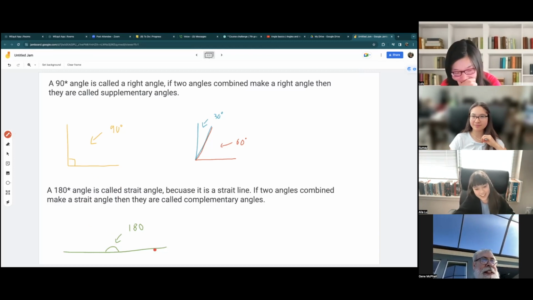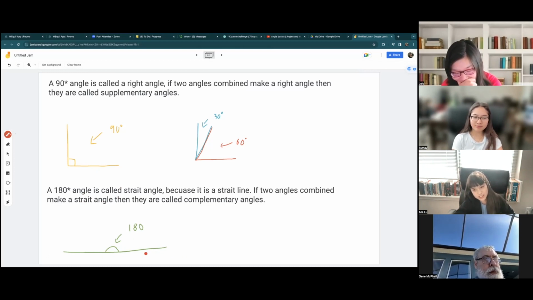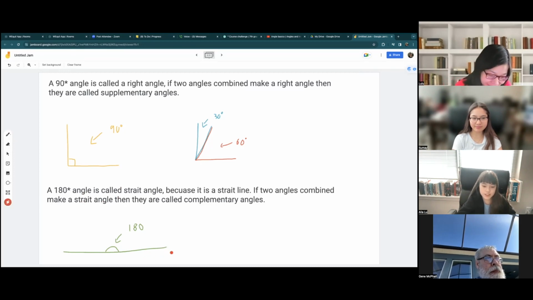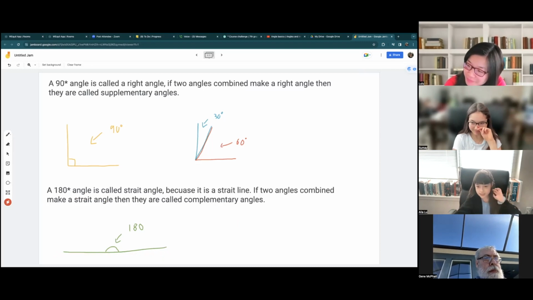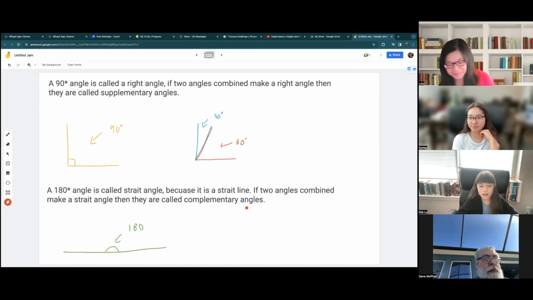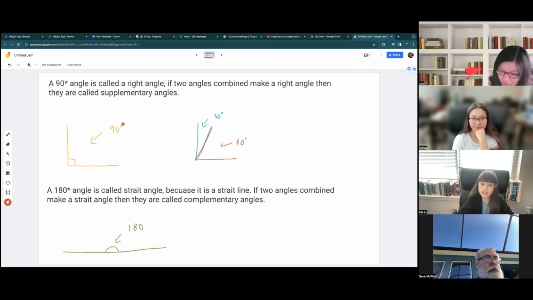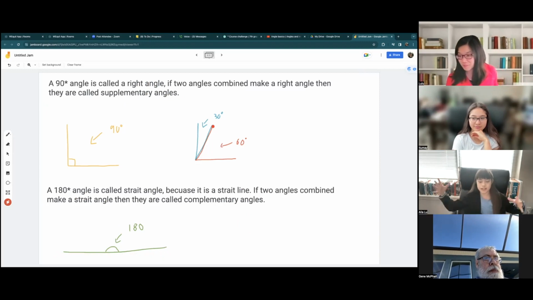So the angle is supposed to be straight. Just imagine that this is completely straight. A straight angle is called a straight angle because it's a straight line, and that is 180 degrees. So if two angles combined make a straight angle, then they are called complementary angles. So if you had two 90-degree angles, two right angles, combined, then those would be complementary angles.